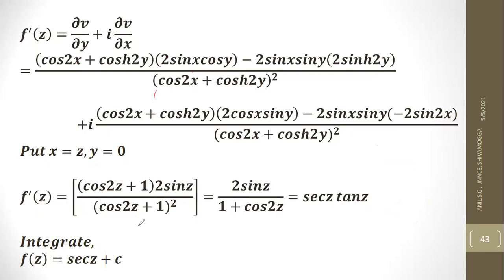If you have any doubts, you can unmute yourselves and ask them. Is this clear?